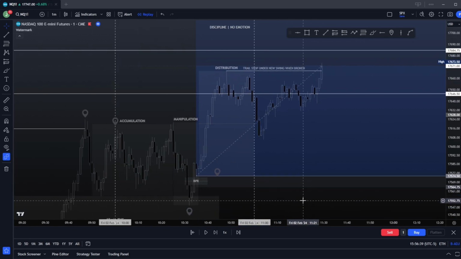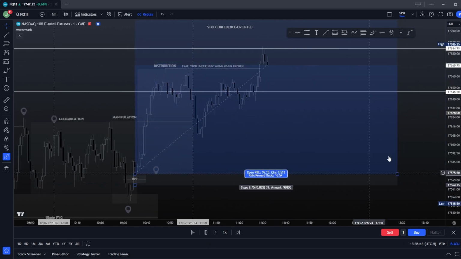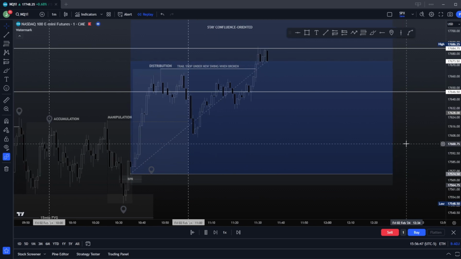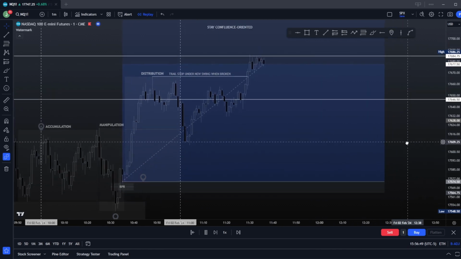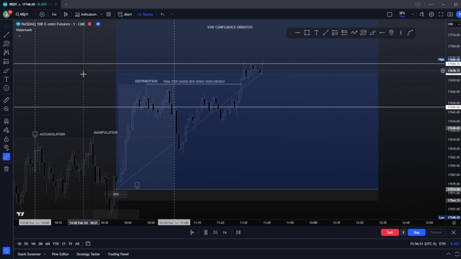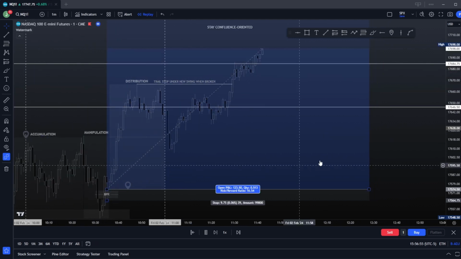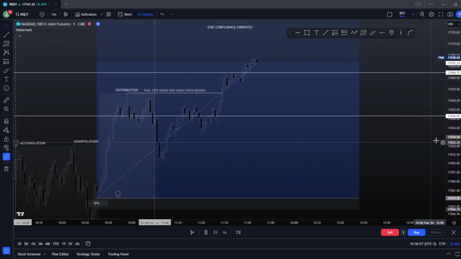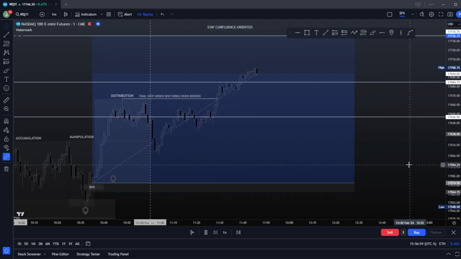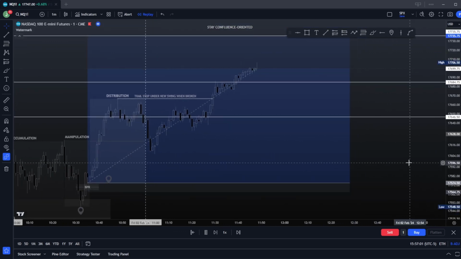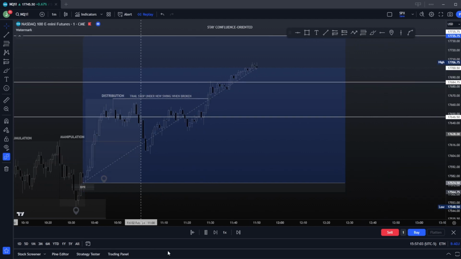So we're chilling. Things are looking good. We let price do its thing. Let's let this 1 hour candle play out. We'll let it play out. Okay, boom. Profit target 2 hit. And price is still forcing itself up.